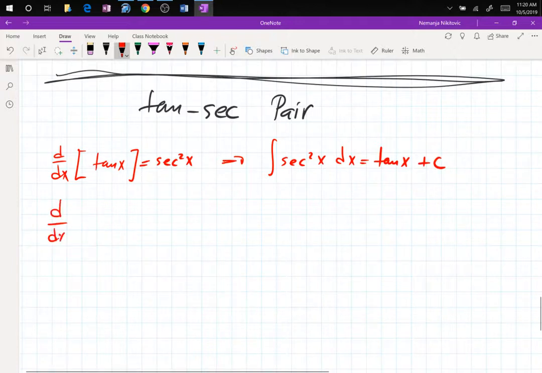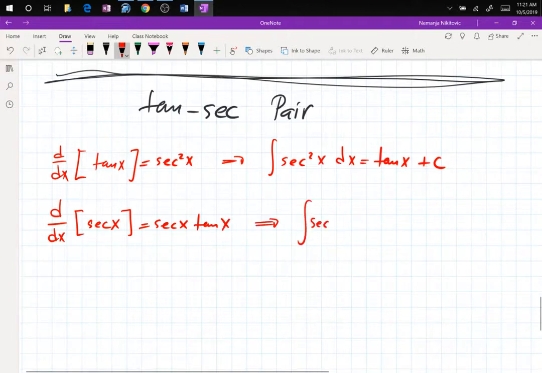And the second formula: the derivative of secant x is secant x tangent x, which gives us the integral of secant x tangent x dx is secant x plus c. So this is your Calc 1 knowledge.